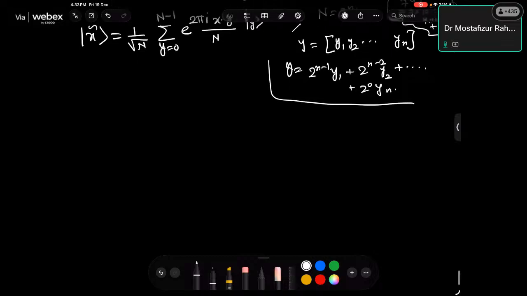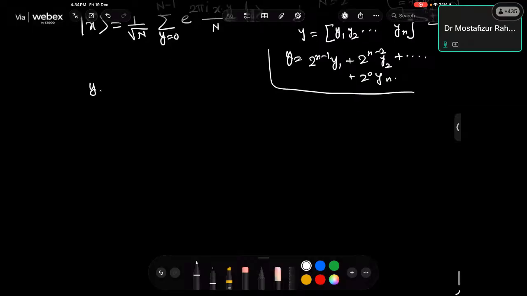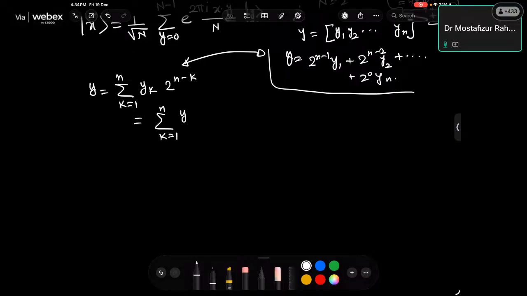So now y you can write as the sum over k equals 1 to n of yk times 2 to the power n minus k. This is equal to the sum over k equals 1 to n of yk times 2 to the power n divided by 2 to the power k, just moving the minus part into the denominator, right?